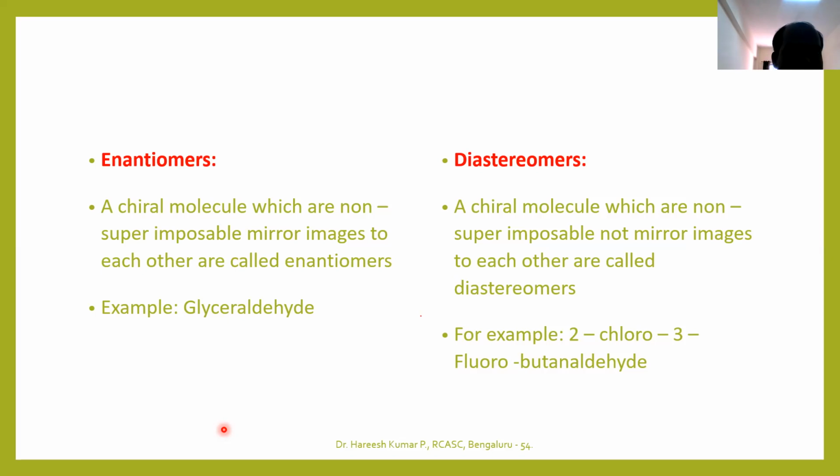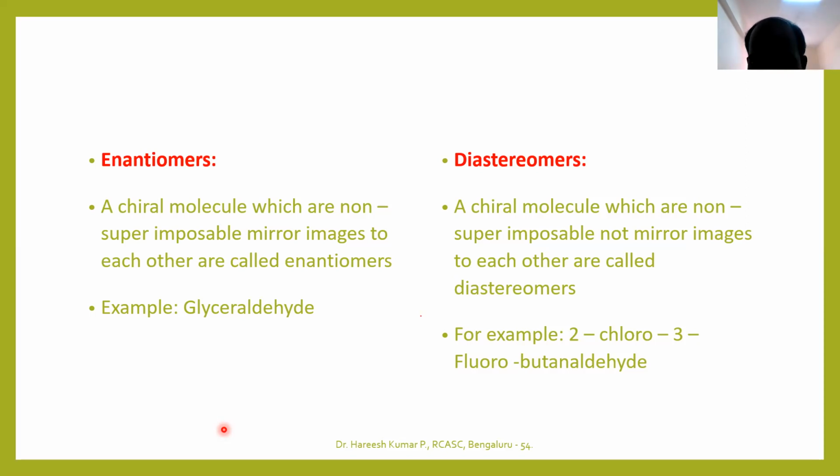Only for 2 marks you can write: chiral molecules which are non-superimposable mirror images to each other are called enantiomers. Similarly, diastereomers means chiral molecules which are non-superimposable, not mirror images to each other.